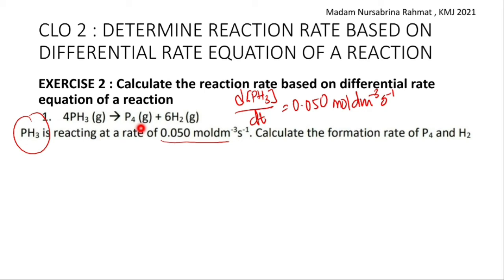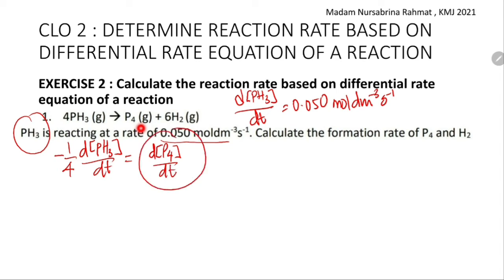So I want to calculate the formation rate for my P4. First I need to compare my PH3 and P4 by writing down the differential rate equation that relates both of them. Alright, so it's negative 1 over 4 dPH3 over dt equals dP4 over dt.